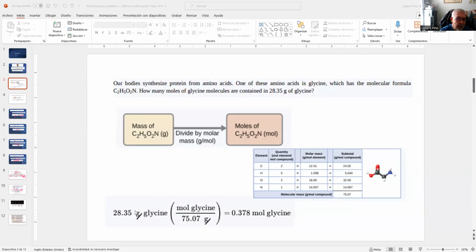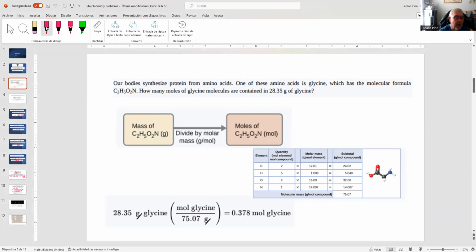So you divide by the molar mass and you get number of moles. Look here. In this exercise, there is a mistake. The given number has four significant figures. So if you divide 28.35 by 75.07, you will get 0.33 and then 7.